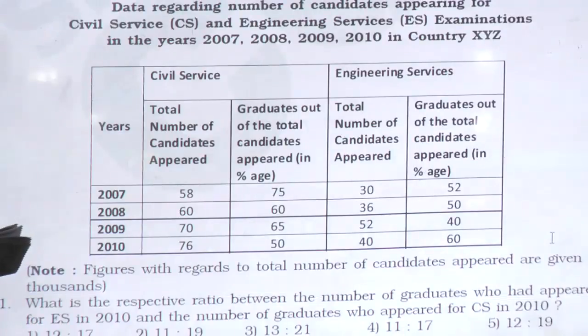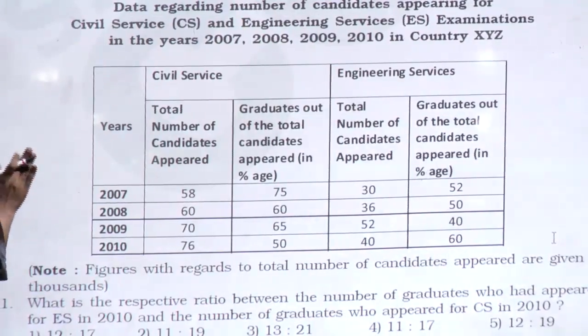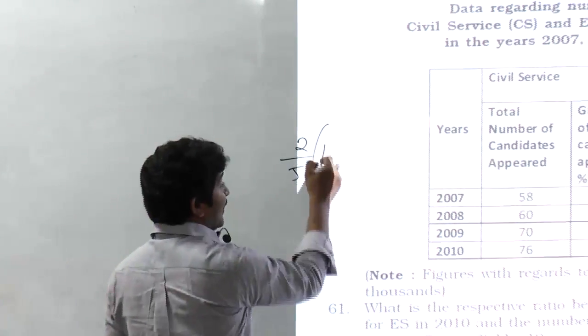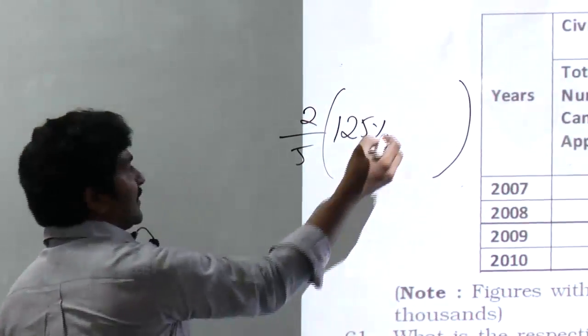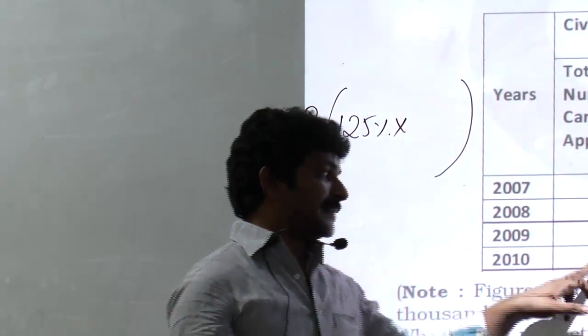How many female candidates appeared for both the exams together in 2011 if they form 2/5 of total number of candidates appeared for both CS and ES together. You're asked about how many females are there. Female are 2/5 of total number of candidates in 2011. And in 2011, that is 125% of total number of candidates that are there in 2010. 76 plus 40.